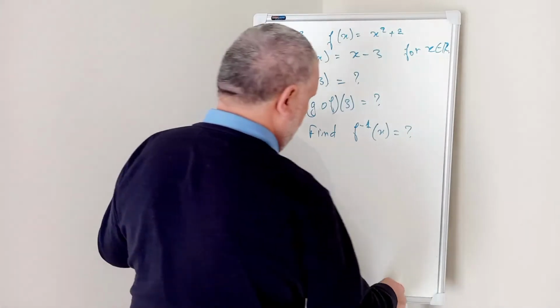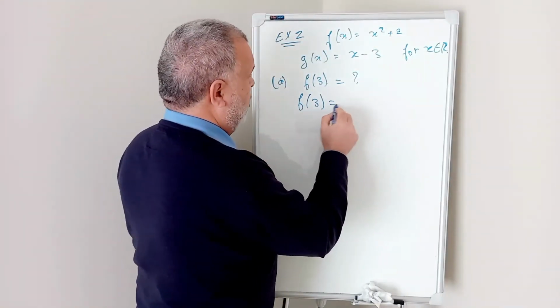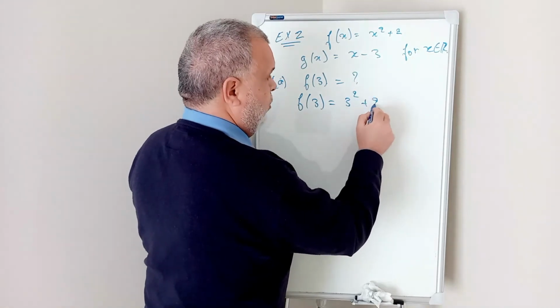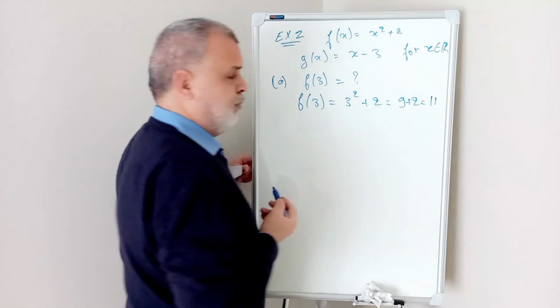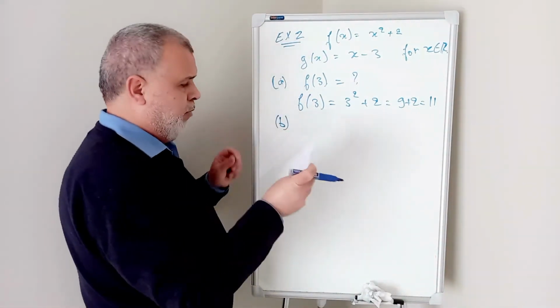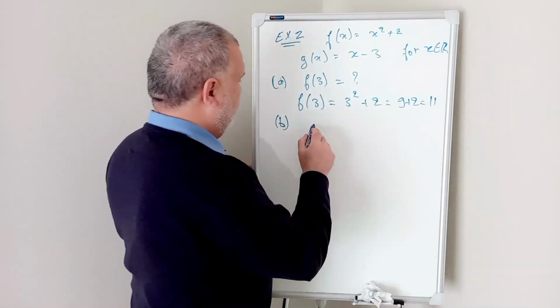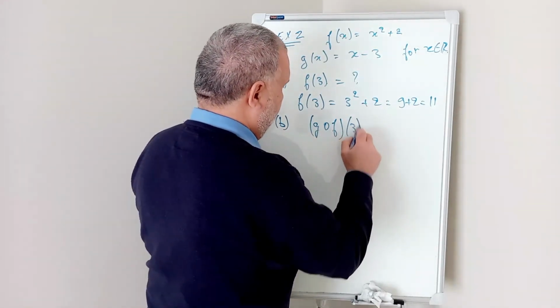So let's start. f of 3 is equal to 3 squared plus 2, which is 9 plus 2, equal to 11. Question B. For question B, we have to find the composition of g and f of 3.